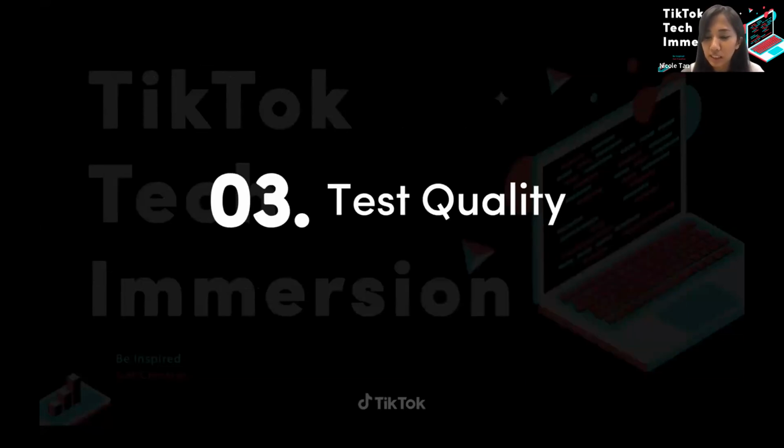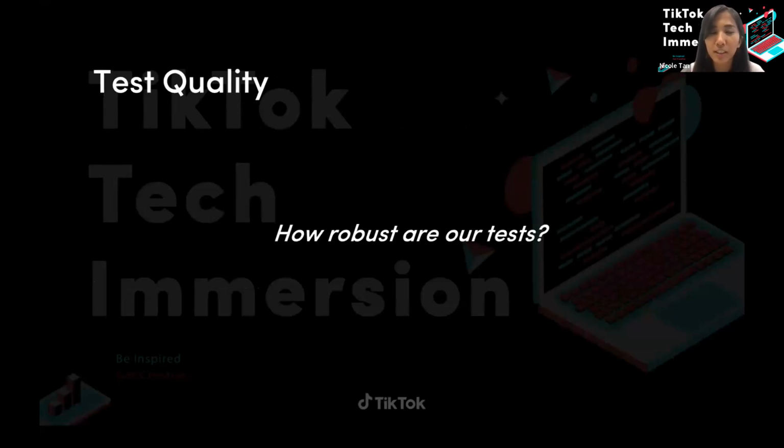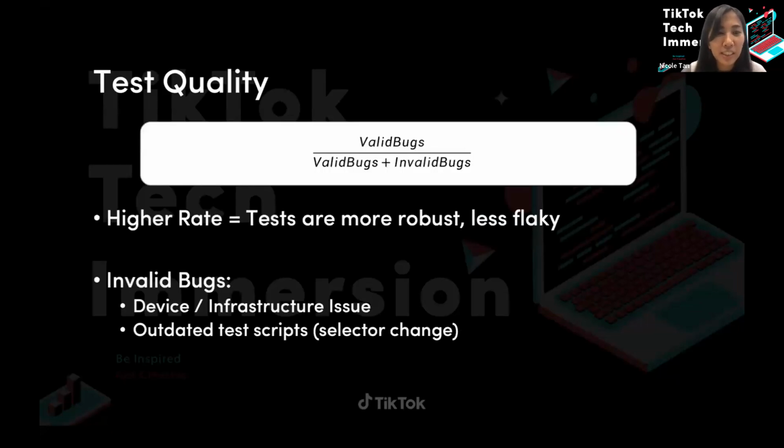Okay, test quality. So how robust are our tests? It's more like every developer's question of how good our code is. For test quality, we try to segregate between valid bugs and invalid bugs. So good test quality is valid bugs over the total bugs. Again, with a higher rate, tests are more robust and less flaky. Some invalid bugs that we encounter are device and infrastructure issues.